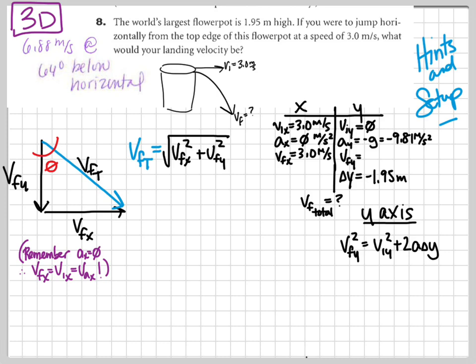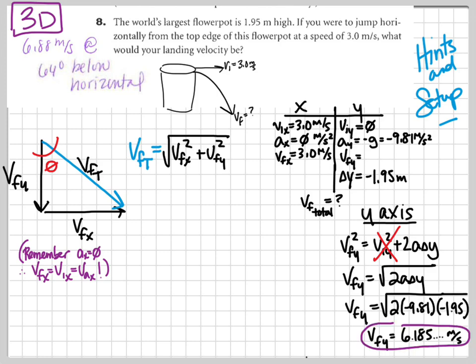I can do VFY squared equals VIY squared plus 2a delta y. And of course, because VIY was 0, that cancels out, and I end up with VFY equals the square root of 2a delta y. I can plug that in and I get a VFY of 6.185 meters per second, and a whole bunch of pocket change.